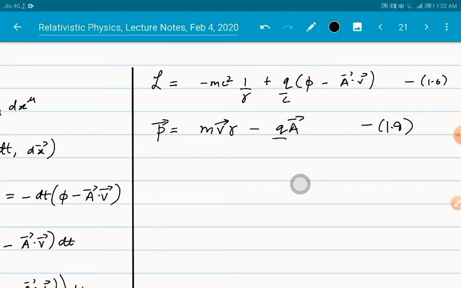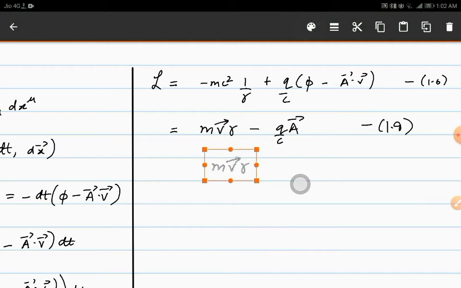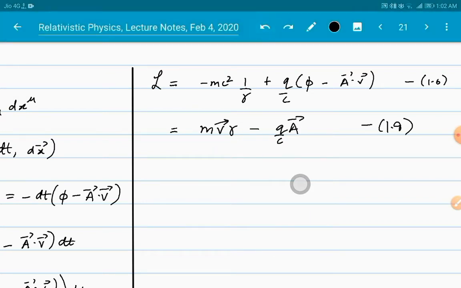So to distinguish the canonical momentum from the mechanical momentum, I will use capital P for the canonical momentum and small p for the mechanical momentum.